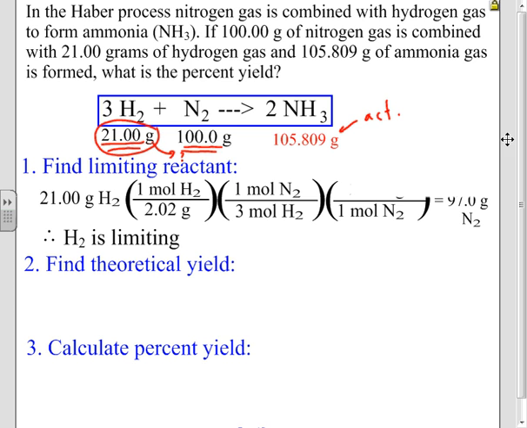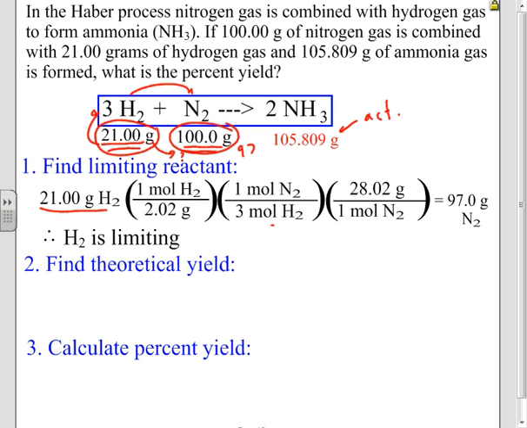And so we're going to convert 21 grams of hydrogen to moles of hydrogen, to moles of nitrogen, and then to grams of nitrogen. And the math says for 21 grams of hydrogen, I need 97 grams of nitrogen. Since I have more than 97 grams, the nitrogen therefore is in excess, and hydrogen is the limiting reactant.